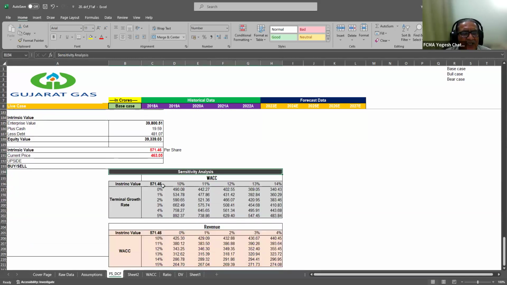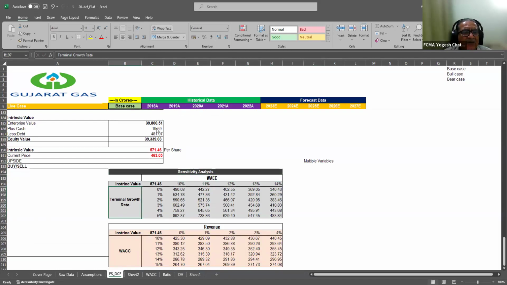Sensitivity analysis, as we all are aware, the DCF comprises multiple variables, and if any variable is incorrect, the entire valuation will not reflect the correct picture. So what I have done here is a sensitivity analysis on the weighted average cost of capital and the terminal growth rate.